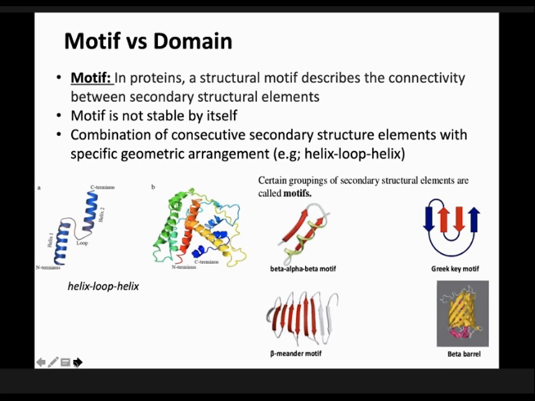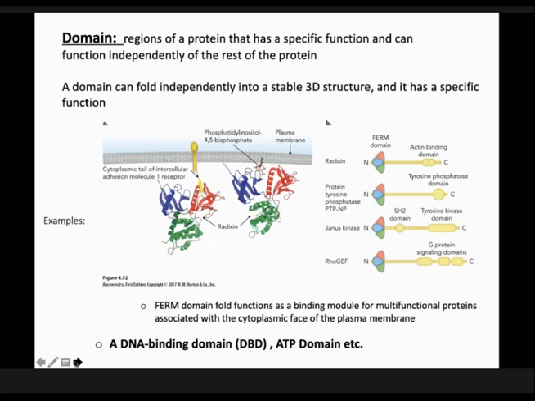The domain is a specific segment of the protein that has a specific function. For example, transcription factors contain a DNA domain. The part of the protein that is in charge of interacting with the DNA, that's the domain itself.